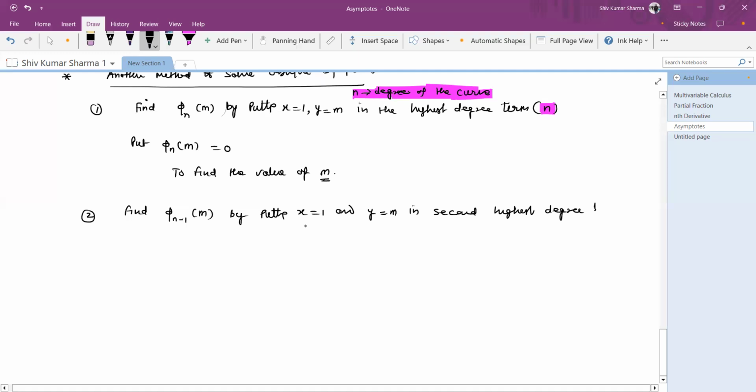Second highest degree, what will it be? That is n minus 1. So here we also write n minus 1, phi n minus 1. So remember this thing.